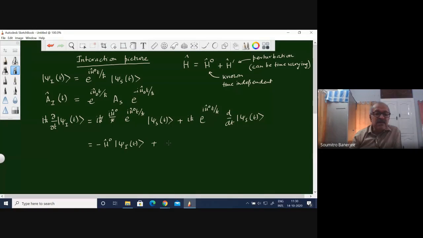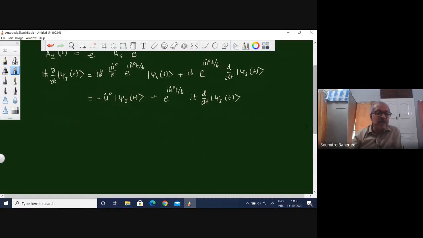So it is e to the power i H naught t by h cross, i h cross d/dt of psi_S(t), and this is something that we'll need to calculate. So let us keep it, because we have to figure out what this is, and then we'll have to substitute.